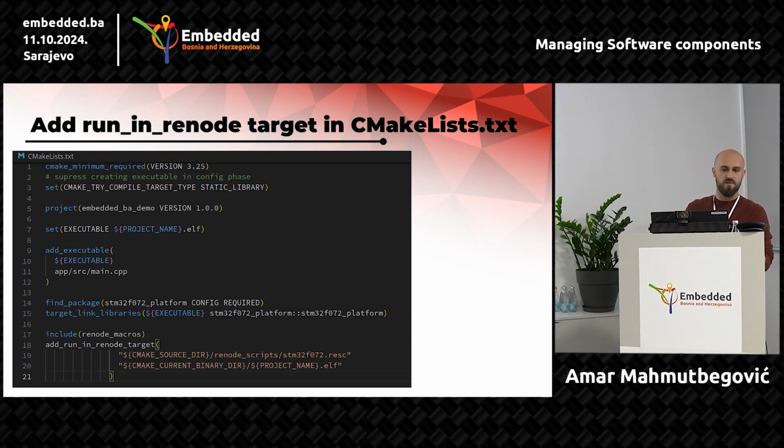So that's line 70, include Renode macros, and we are using add run in Renode target macro, which will create a new CMake target for us, and we provide it with Renode script file, which is a script file used by Renode to describe which microcontroller we want to use, and we provide it also to path to L file.